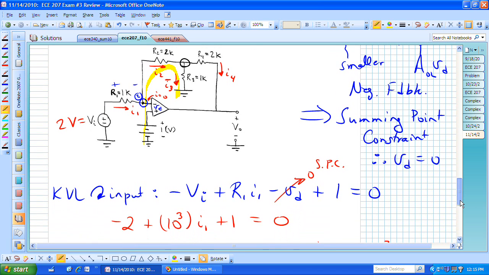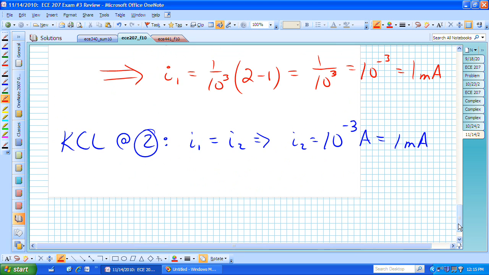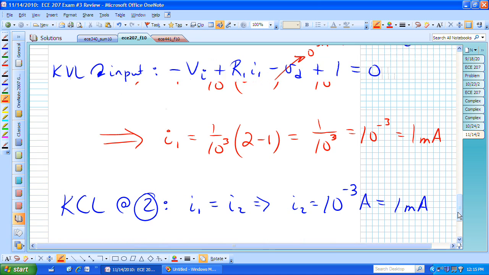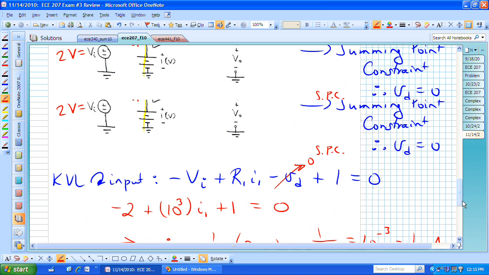Let's do a KVL now. Let's call that particular yellow highlighted KVL loop KVL 3. If we now do KVL around 3, we go into the negative terminal of this DC offset voltage, and we now have minus 1.